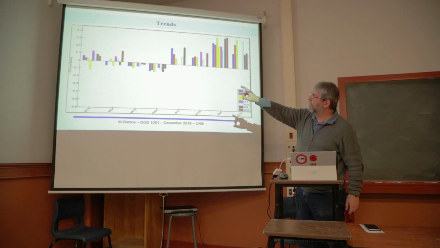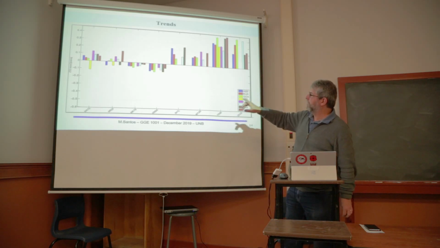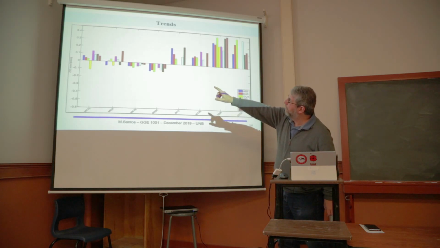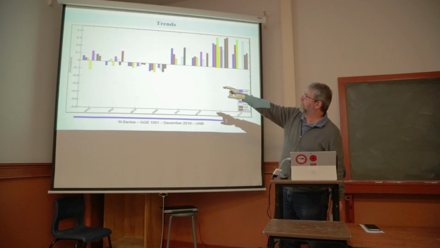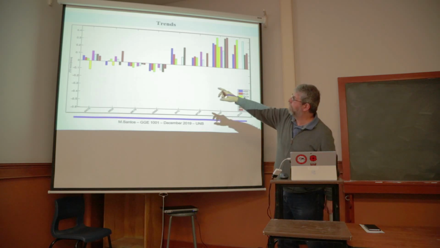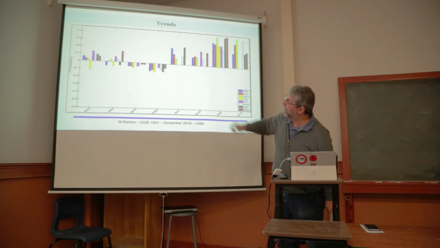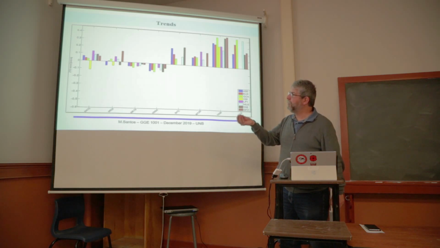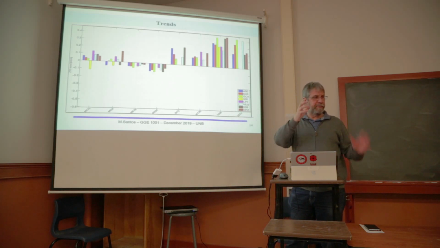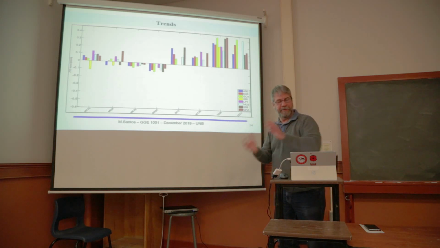And then what we have here is a trend. For example, for Matera, we have all solutions showing a positive trend of about 0.1 millimeter per year. That's how much variation in ZTD, which reflects pressure, temperature, and relative humidity.